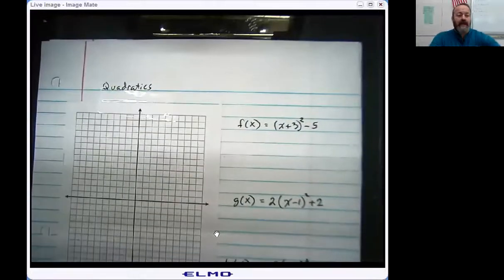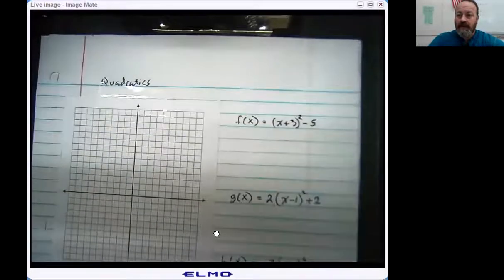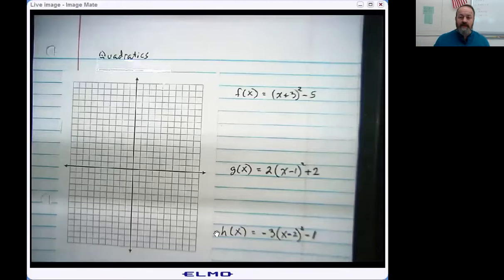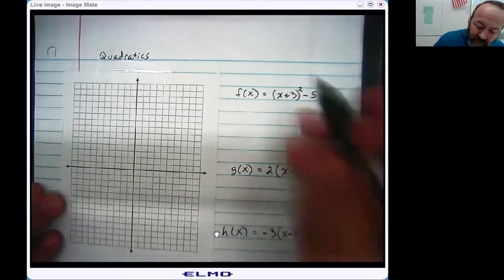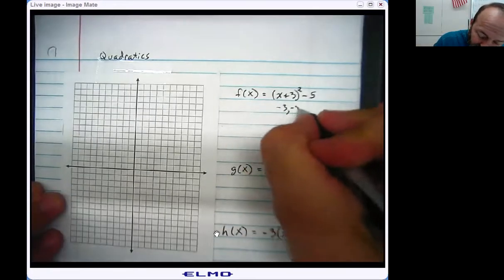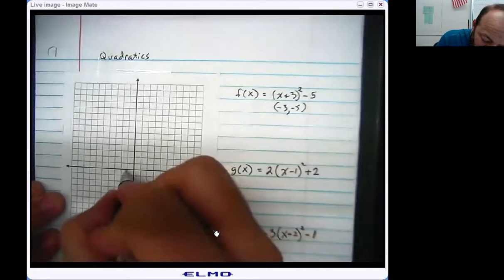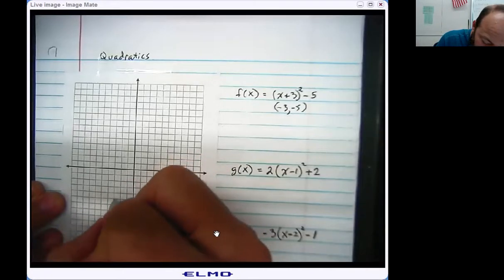So the first thing is, back in Math 2 as well as Algebra 2, I know you extensively discussed how to graph problems like this. The first thing I hope you would have realized is that this particular problem had a vertex of -3, -5. So 1, 2, 3, 1, 2, 3, 4, 5.